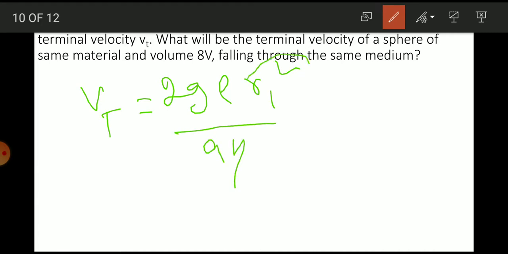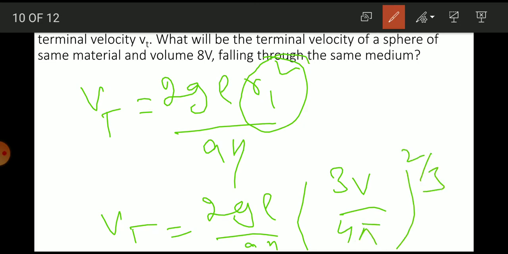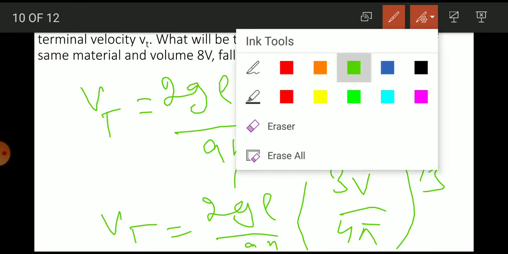In this you will put the value of r that we already calculated, and then simplify, so you will get the equation in this shape. Vt is equal to 2g rho divided by 9 eta, and in place of r1 you will write 3V divided by 4 pi, whole power 2 by 3, which we calculated previously.